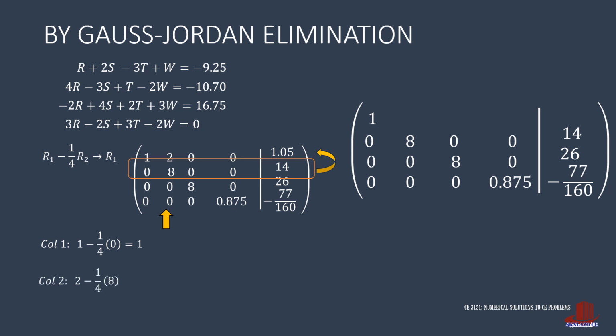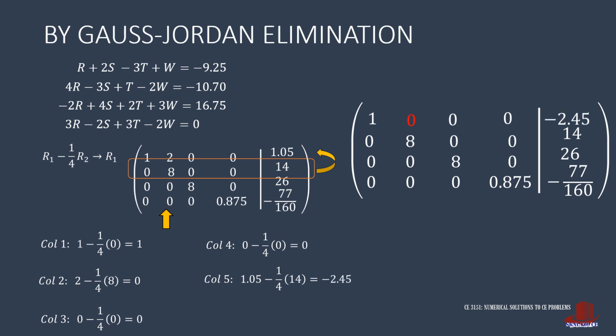The second element has 2 minus 1/4 of 8, which makes 0. The element on the third column is 0 minus 1/4 of 0, making 0. The next element is 0 minus 1/4 of 0, which is still 0. The last element is 1.05 minus 1/4 of 14, and that is negative 2.45.